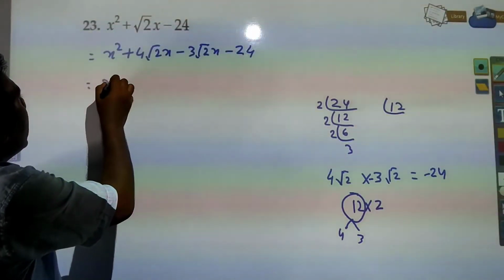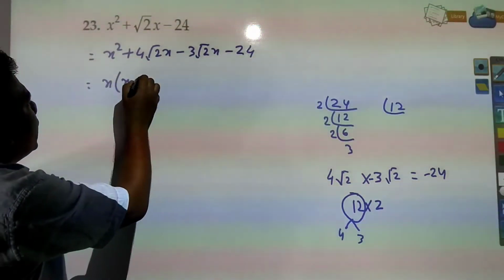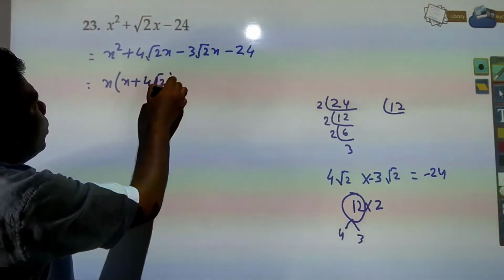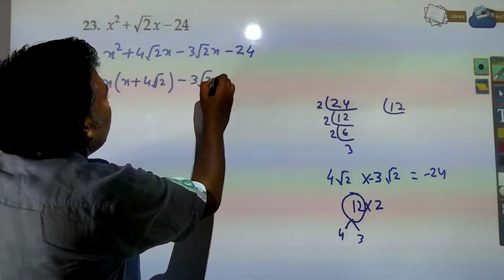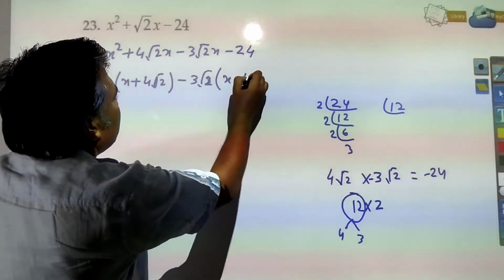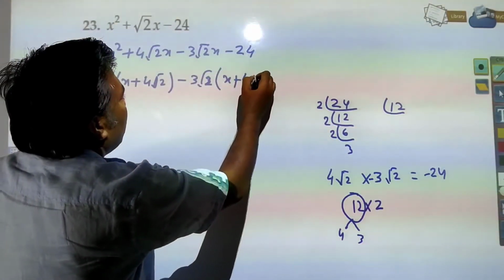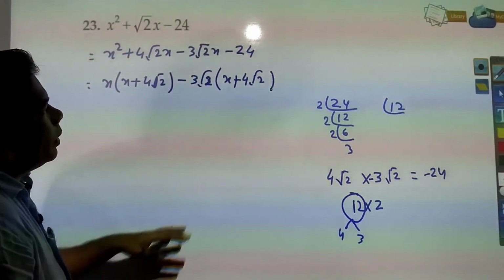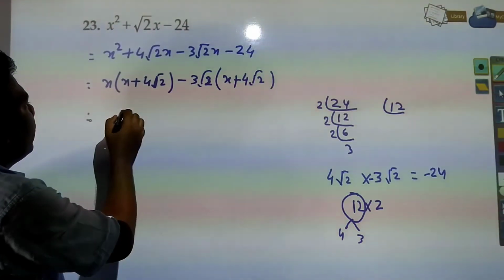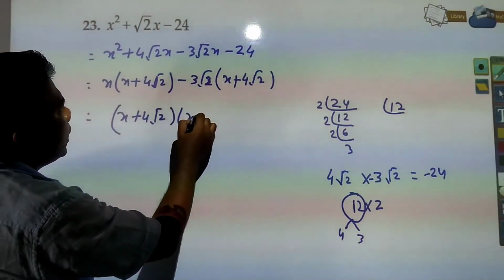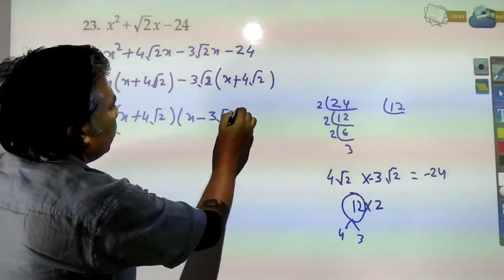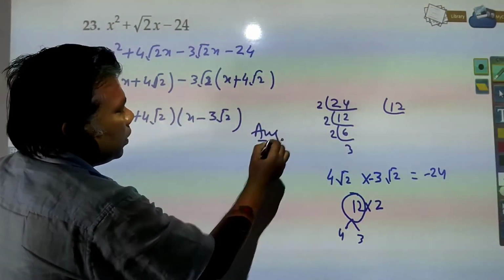Now x will be common, x plus 4 root 2 and minus, here you will be having common 3 root 2 and x plus 4 root 2 will be left, and finally you will get x plus 4 root 2 and x minus 3 root 2, and this will be your answer.